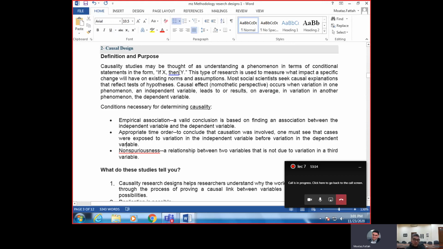If you show me that actually Y changed first and then X changed, that the democratization process happened first and then the middle class became stronger, no, this is not what you're saying. What you're saying is that X caused Y. If I can see by evidence that Y caused X, then there is no causality, or this causality is the other way around.